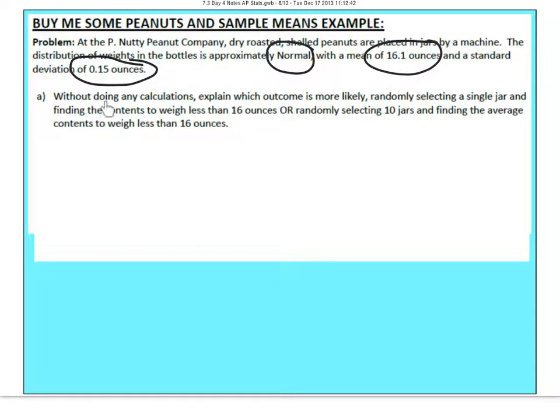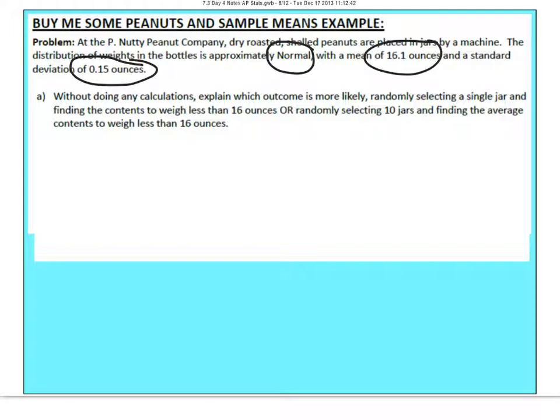Part A, without doing any calculations, explain which outcome is more likely: randomly selecting a single jar and finding the contents weigh less than 16 ounces, or randomly selecting 10 jars and finding the average weight to be less than 16 ounces. Now, think about the variability.